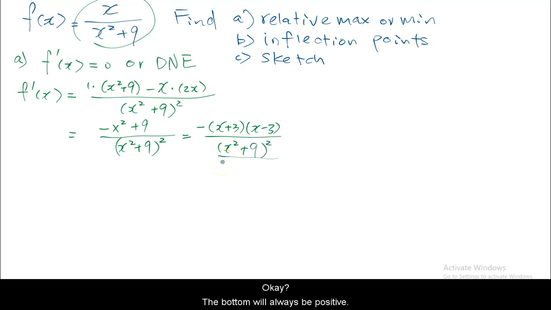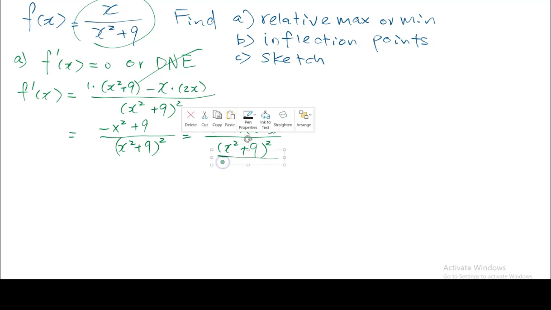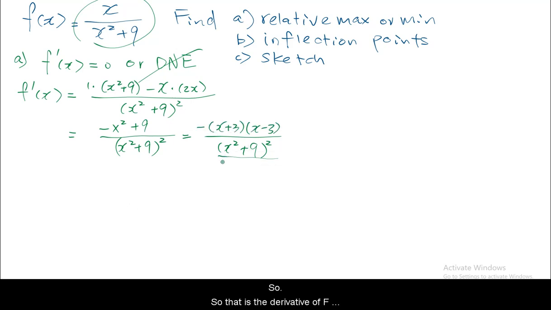The bottom will always be positive, so we don't have the case that the derivative of f of x doesn't exist. So let's just look at when it is equal to 0.